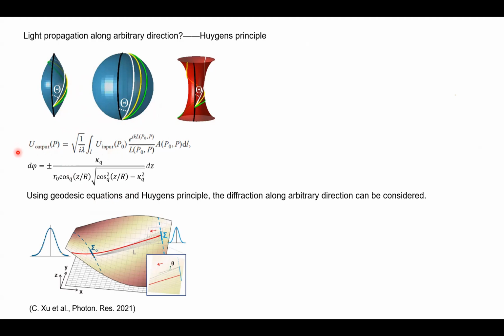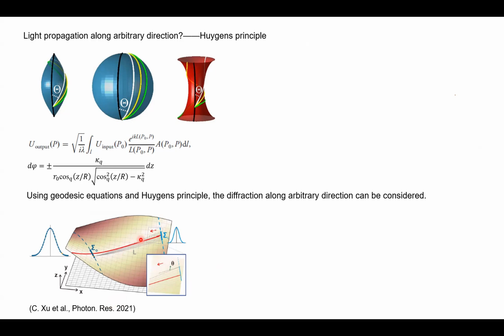It is based on the Huygens principle, which was developed by Chen Yixu and can be used to calculate the light propagating in any direction and on any surface of revolution. Briefly, Huygens principle refers to that any point of the wavefront can be seen as a new point source, and they emit spherical waves and superimpose in the whole space.